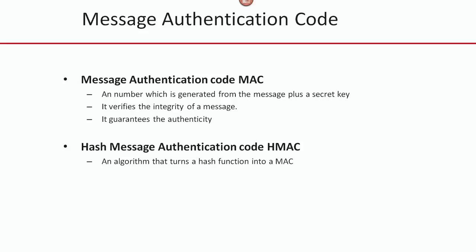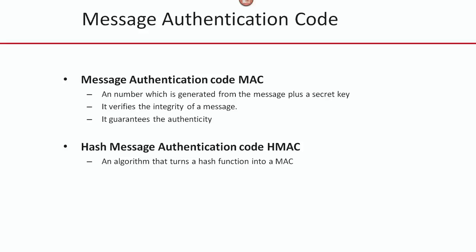So two people that have that shared secret can generate a MAC, send the data, and then we can check that data with the secret key and regenerate the MAC to guarantee not only the message integrity, but also the origin of that data as well, so we can validate where it came from.